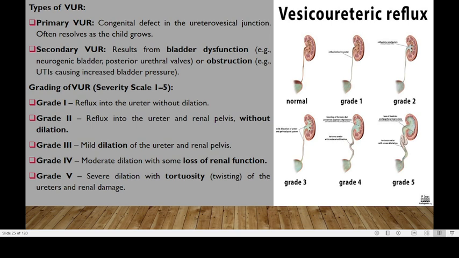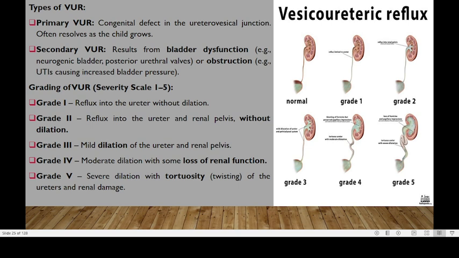This disease is also graded on a scale of 1 to 5. That is a severity scale. Grade 1, there is reflux into the ureter without dilatation. Grade 2, there is reflux to the ureter and the renal pelvis without dilatation. Grade 3, we have mild dilatation of the ureter and the renal pelvis.